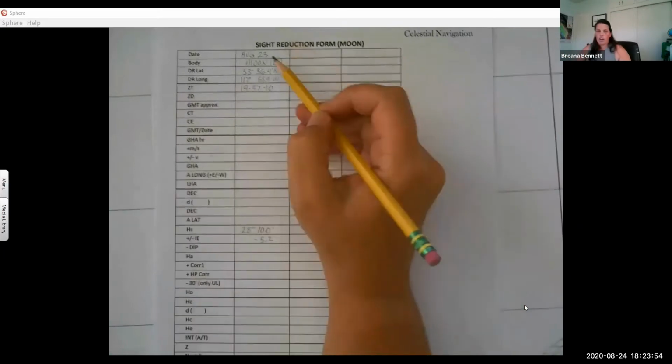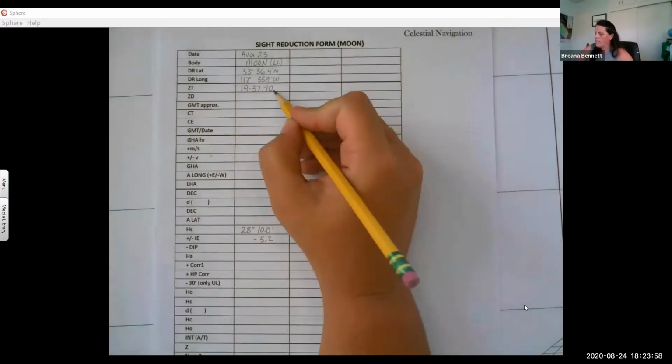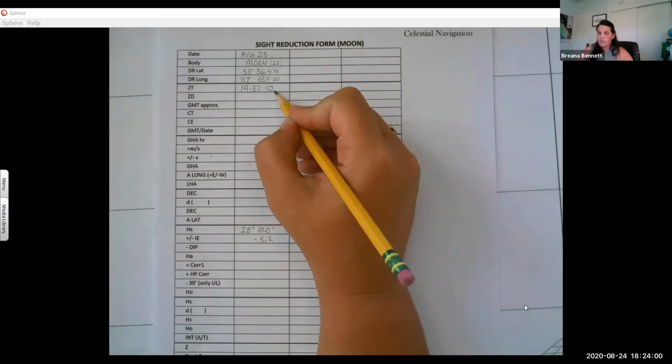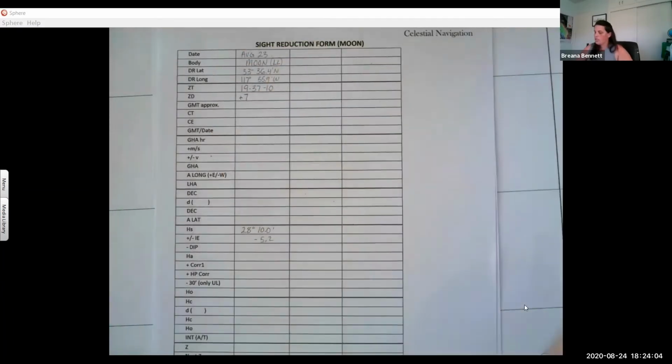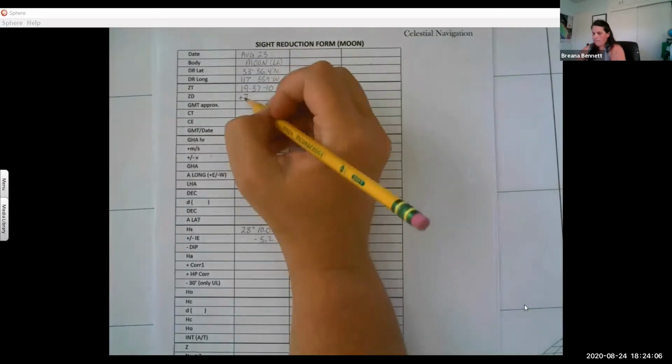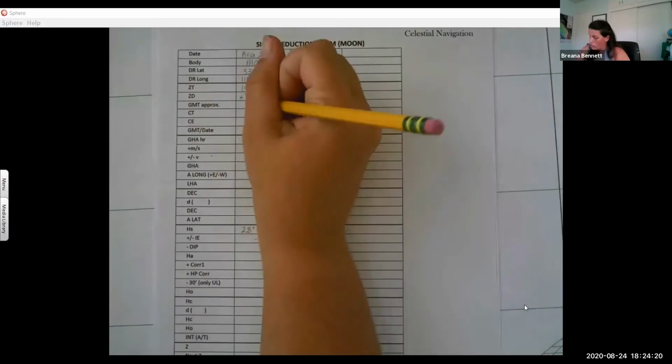Okay, so I have August 23rd at 1937. My zone description is a +7. I'm already needing my calculator. 26 minus 2 is 24, so 02.